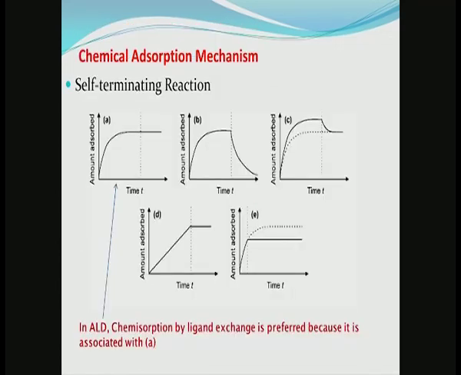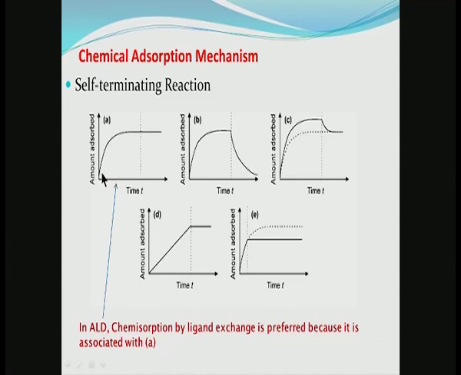Now, as I said, ALD involves a self terminating surface reaction of an adsorption process. Now, it is possible to consider different kinds of self terminating reactions. What I have shown here is the amount of adsorbed material as a function of time in 5 different types of adsorption.